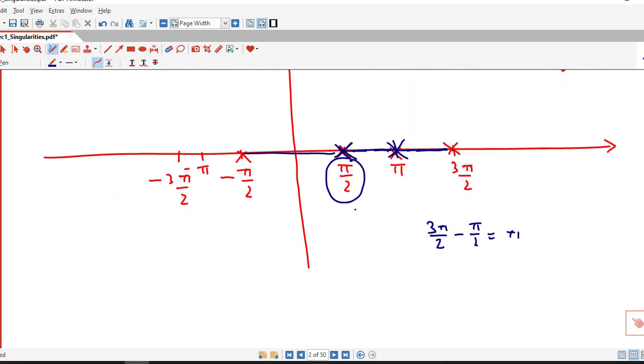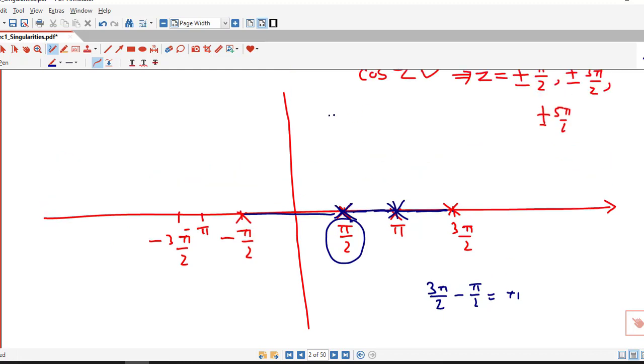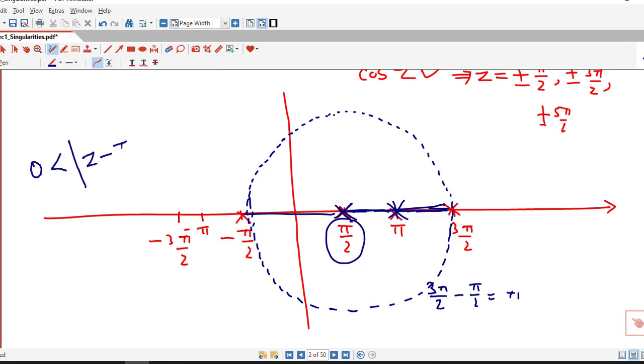So if we consider a circle with center pi by 2 and radius pi, approximately we can see suppose this is passing through minus pi by 2 and here through 3 pi by 2. So if I consider this circle with radius pi and center pi by 2, then this is nothing but a deleted neighborhood of pi by 2.